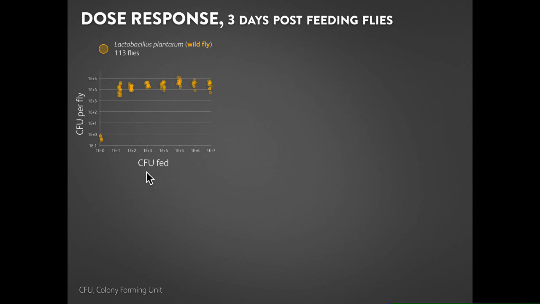The second thing is that the number of bacteria present in these flies is pretty constant, even when as little as 20 bacteria have been fed on day 0. All these points below 1 represent zeros, but I spread them so it's easier to see how many flies are behind each point.